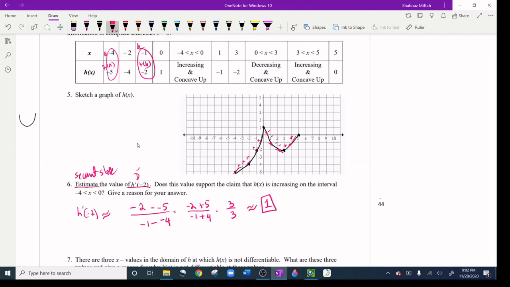Then they said, does this value support the claim that h(x) is increasing on the interval -4 to 0? Since this is a positive slope at -2, then yes, it is supporting the idea, since I'm drawing a positive tangent, then it's supposed to be positive. So yes, that's true.